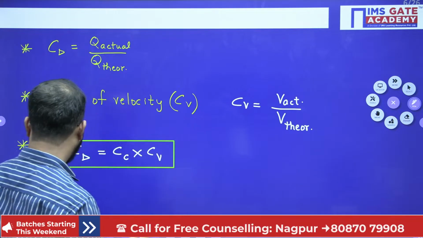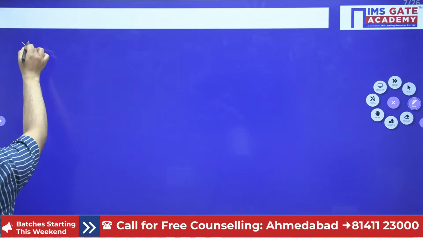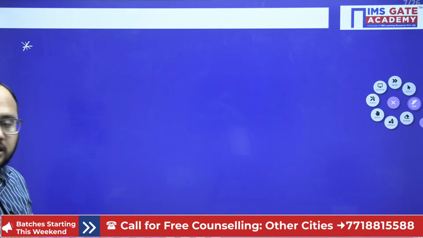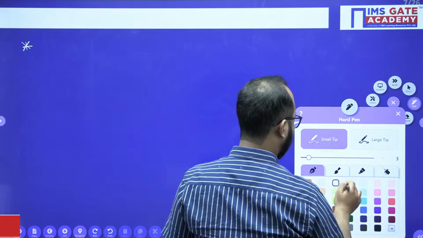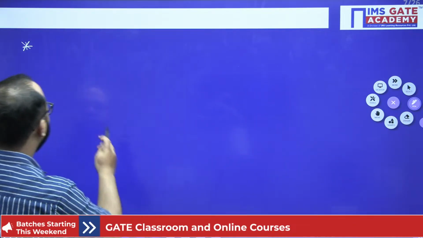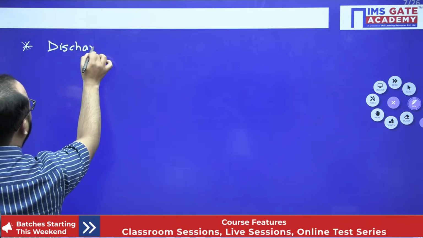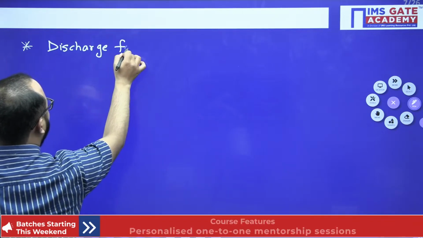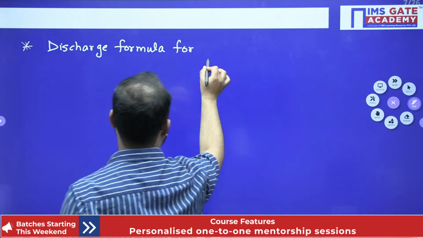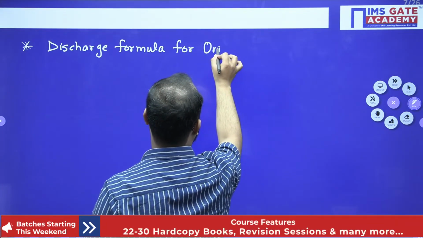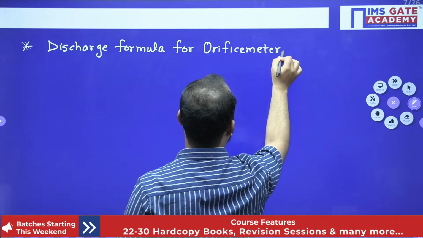Okay. Now we have discussed all the coefficients. The next thing we need to discuss is the discharge formula for Orificemeter.